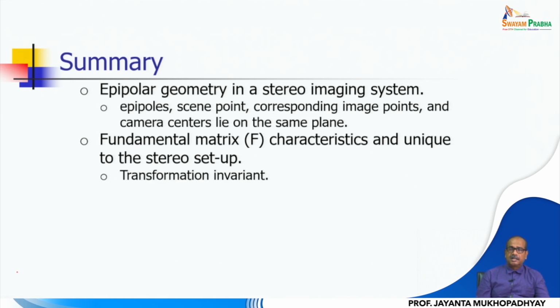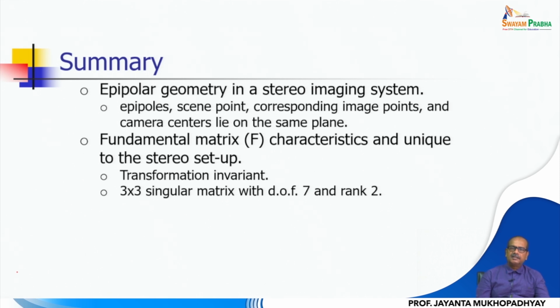It is invariant to 3-dimensional rigid body transformation. If the relative orientation and relative displacement of 2 cameras remain fixed, then if you move the whole setup with a rigid body transformation, you will still get the same fundamental matrix.